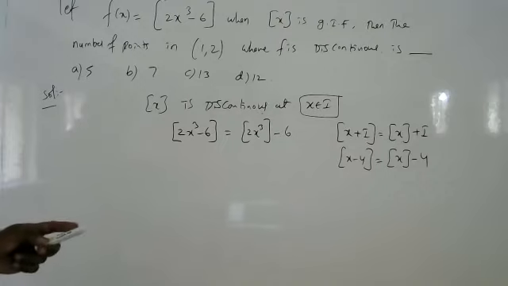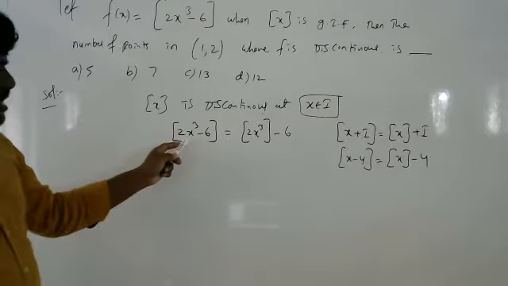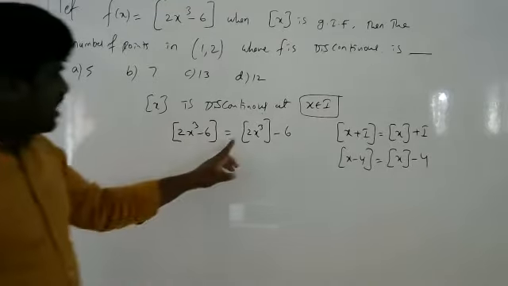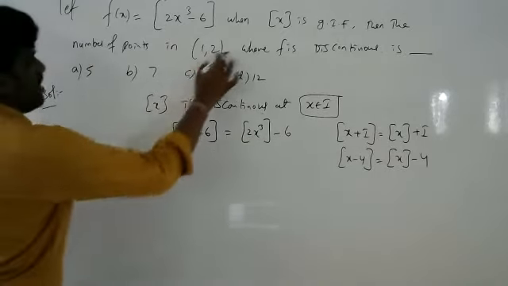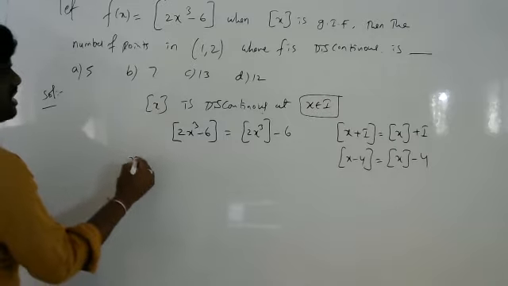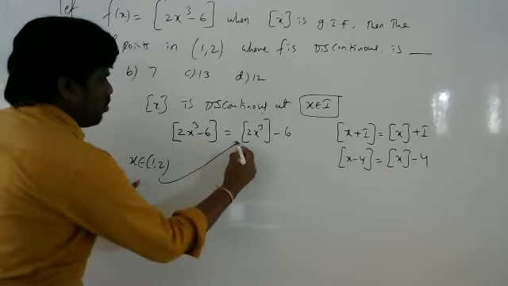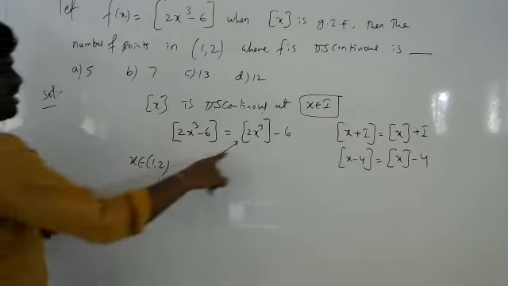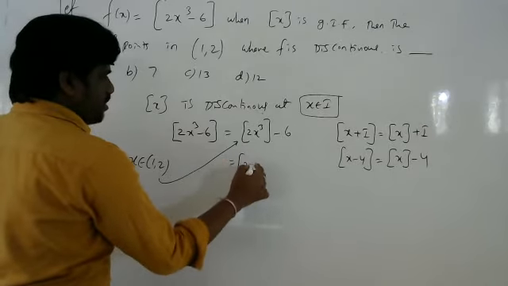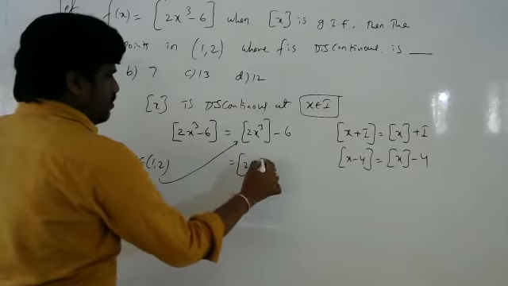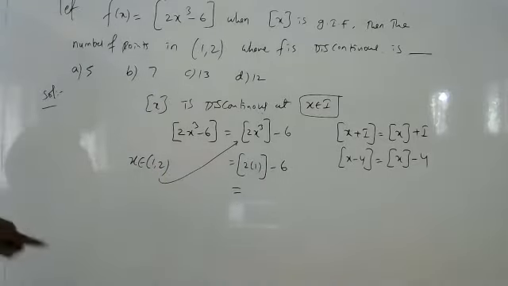So greatest integer of 2x cube minus 6 can be written as greatest integer of 2x cube minus 6. Now you have the interval, x belongs to 1 comma 2. If I substitute x equal to 1, what do I get? 2 into 1 cube minus 6, greatest integer of 2 is 2 only.